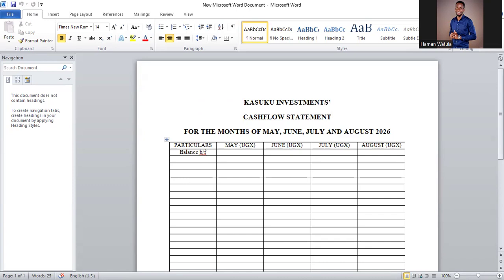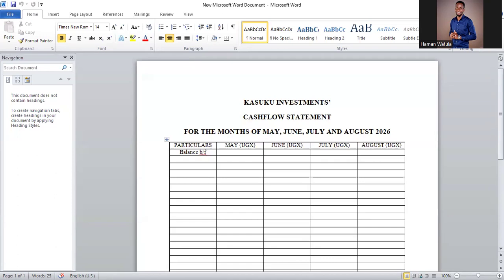The title is supposed to be written on 3 different lines, as you can see there. Then I'm going to bring in my opening balance.